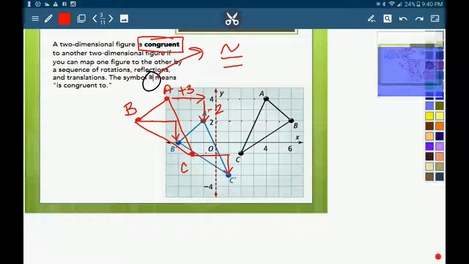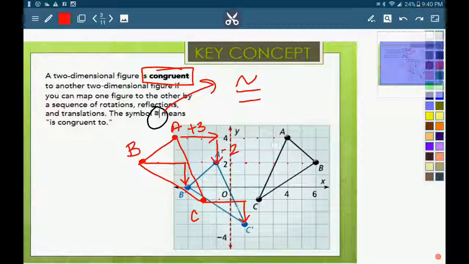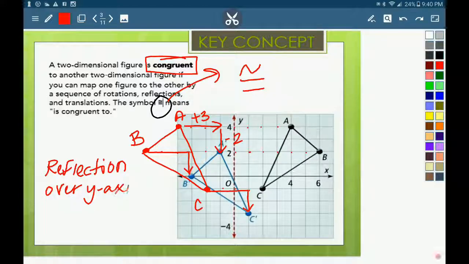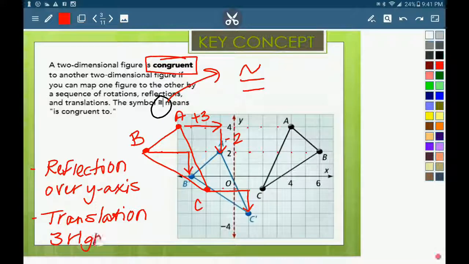So the two motions that we would have to map ABC onto A prime, B prime, C prime was first a reflection over the y-axis, then a translation, 3 right and 2 down. Okay, so that's just a little intro to the main idea here.